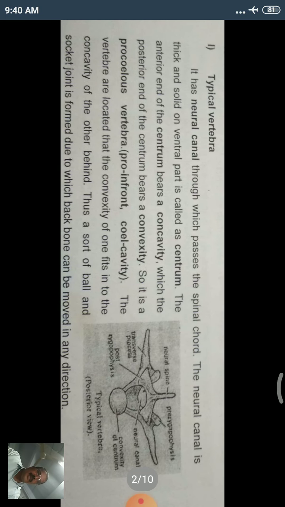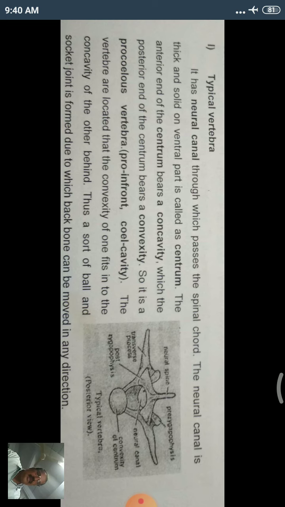First one now, the typical vertebra. It has a neural canal through which passes the spinal cord. The centrum is thick and solid, on the ventral part.